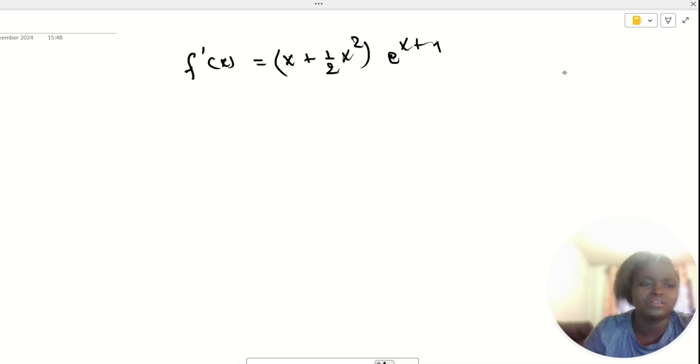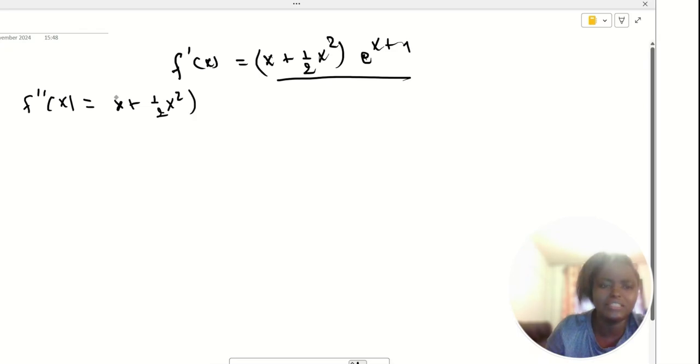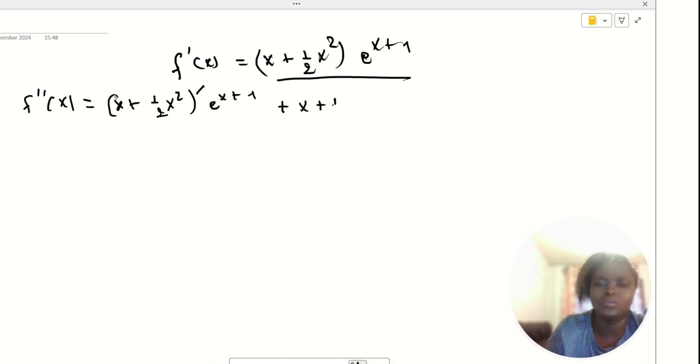It will be equal to the derivative of (x + 1/2 x²) times e^(x+1), plus (x + 1/2 x²) times the derivative of e^(x+1).